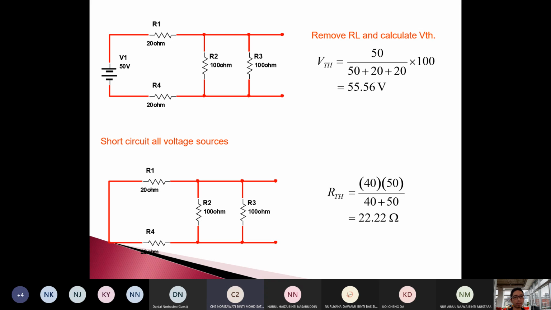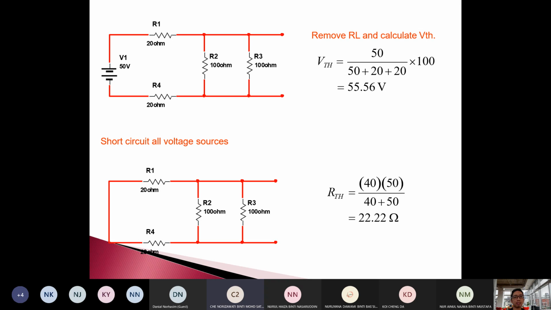Okay, yang ni 20, yang ni 20, yang ni 100, yang ni 100. Nampak tak sekarang? Okay, ini 40, kan?